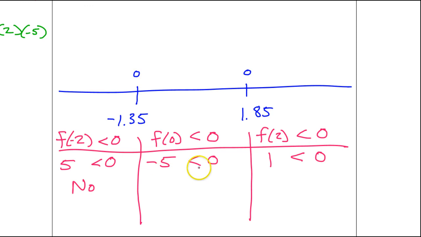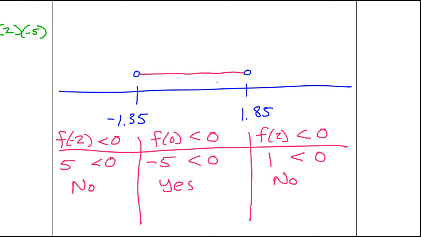Is -5 less than 0? Why, yes, of course, it is. That means 0 is a solution. So all of the values in this interval will be solutions. So I will illustrate all of the solutions with this segment. Is 1 less than 0? Oh no. 1 is not less than 0. That means 2 is not a solution, and none of the values in this interval will be solutions.